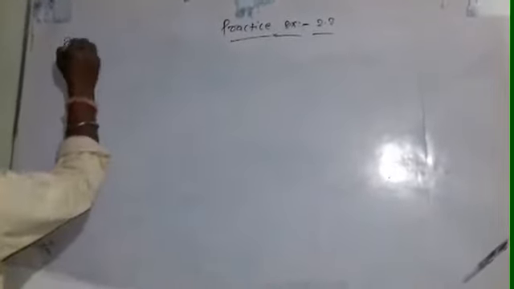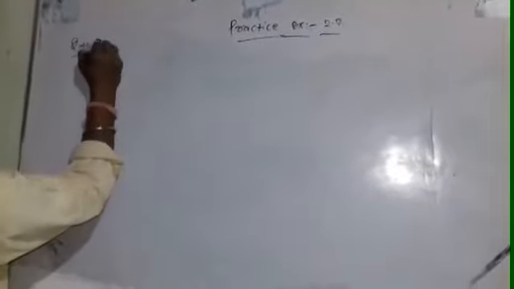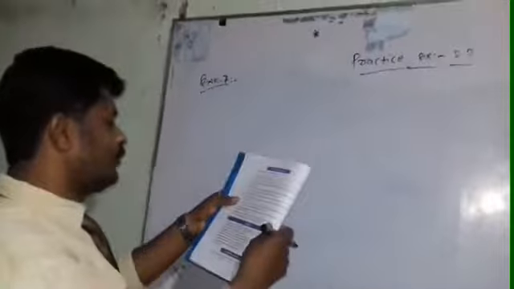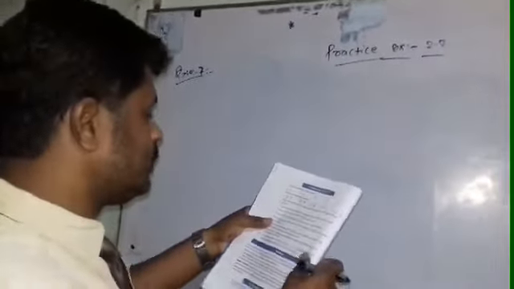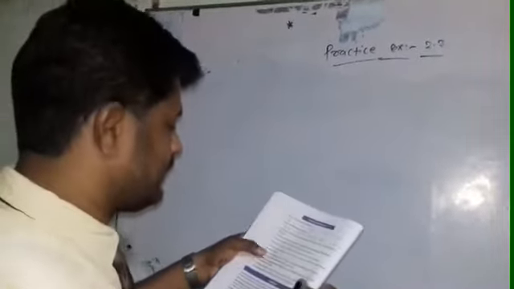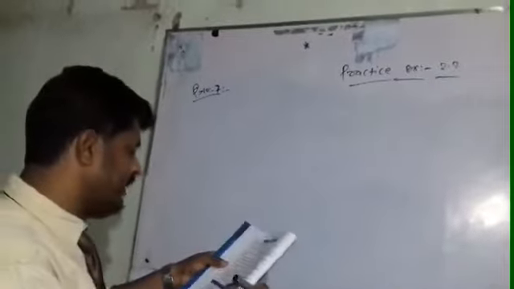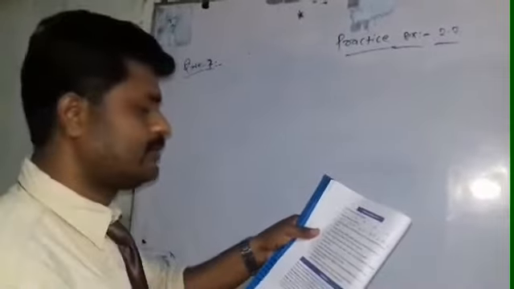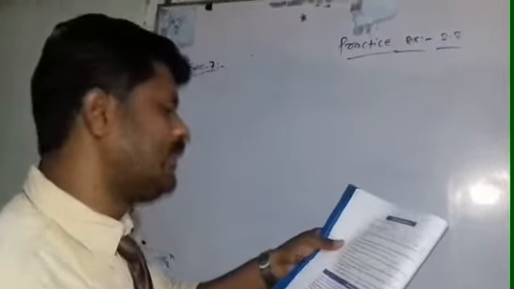What is question number 7? A total of 4 whole 1 by 8 kg of flour was used to bake 11 cakes. How much flour will be needed to bake 1 cake? That means the total flour used is equal to 4 whole 1 by 8 kg.